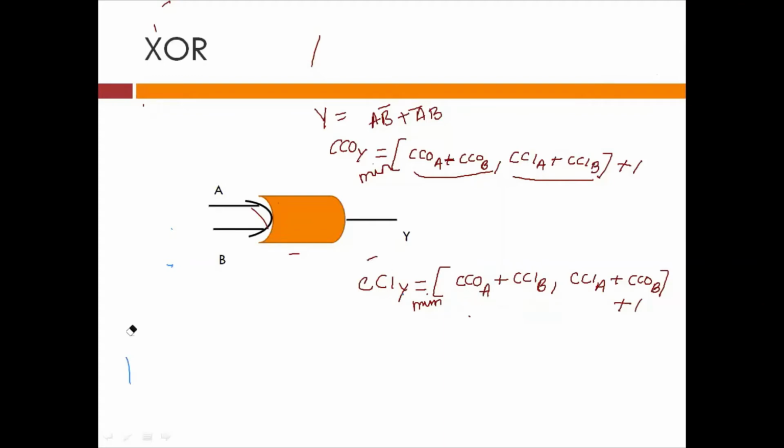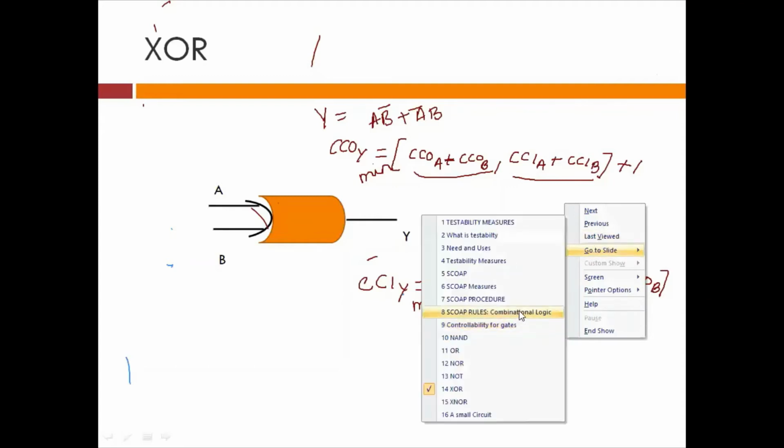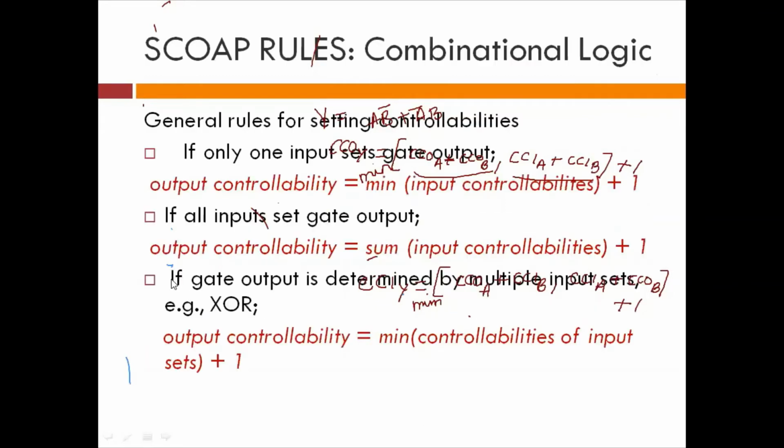ठीक है, क्या हमें ये क्लियर है? I'll go back to the rule वाली slide and then I'll try to explain what it was saying so that you're clear about the rules. ये third rule. If the gate input is determined by multiple input sets, so then we have to take the minimum of the two.